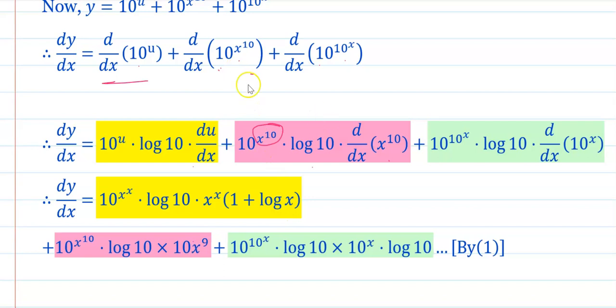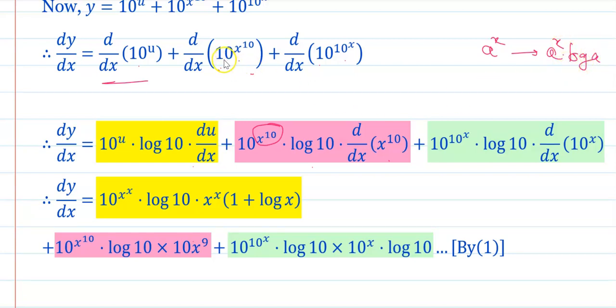Next, d/dx of 10 raised to x raised to 10. Its derivative is like that of a raised to x. The derivative of a raised to x is a raised to x into log a into the derivative of x, which is 1.